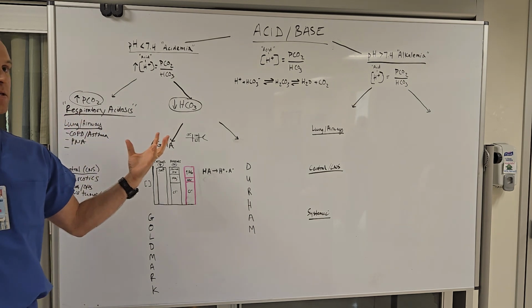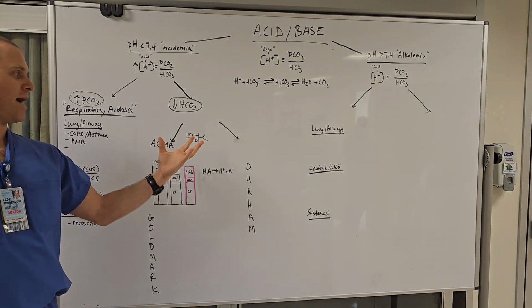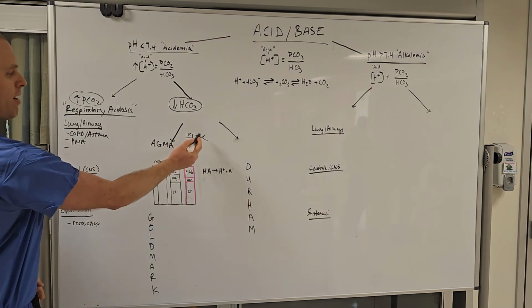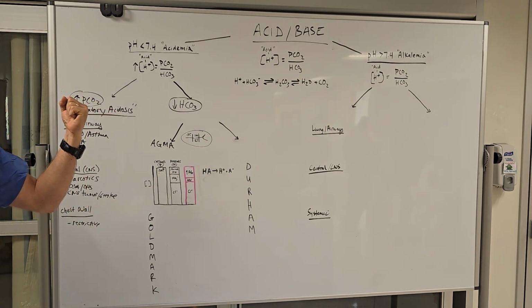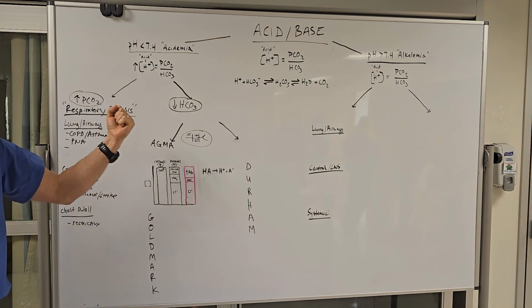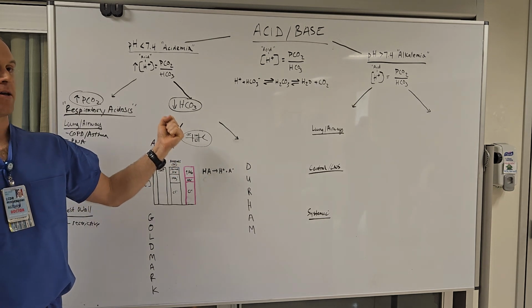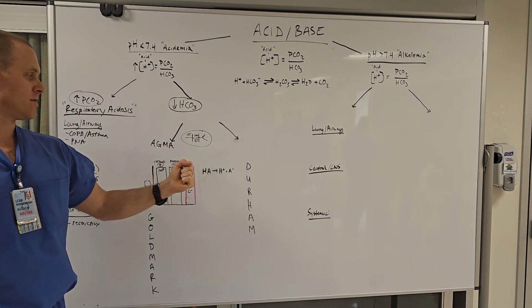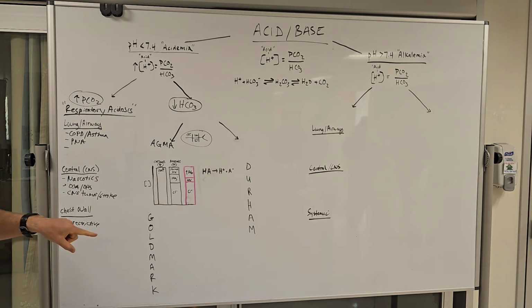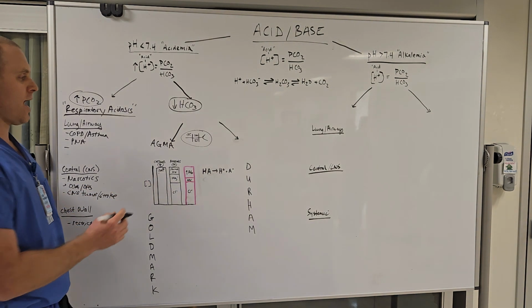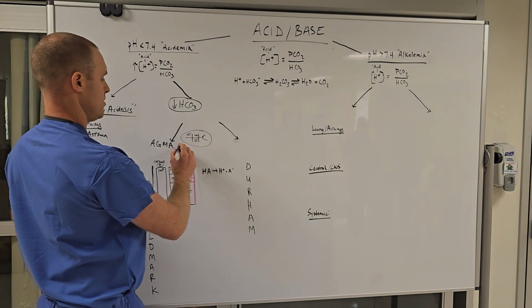So the big cations in our BMP model here, sodium, that's pretty much the main one. And then our anions, our negatively charged ions, are bicarbonate and chloride.